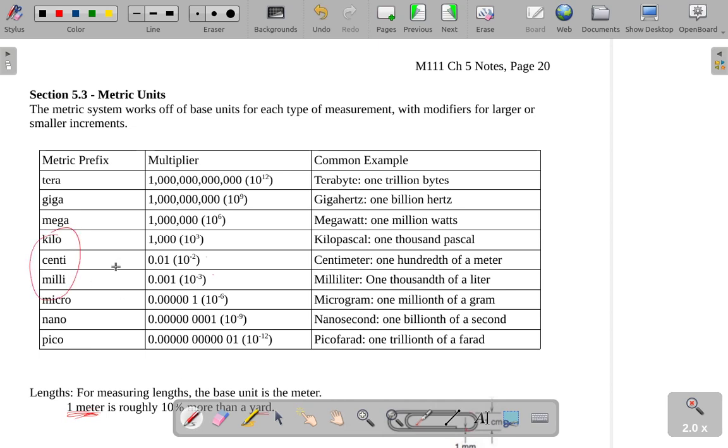Those ones right there you'll need to know. I won't really go much more than that. Mega, giga, tera. You do see mega, giga, tera when we're talking about computers. You talk about megabytes, gigabytes, terabytes, and so on. Although those technically aren't metric either. They're a little bit weird.